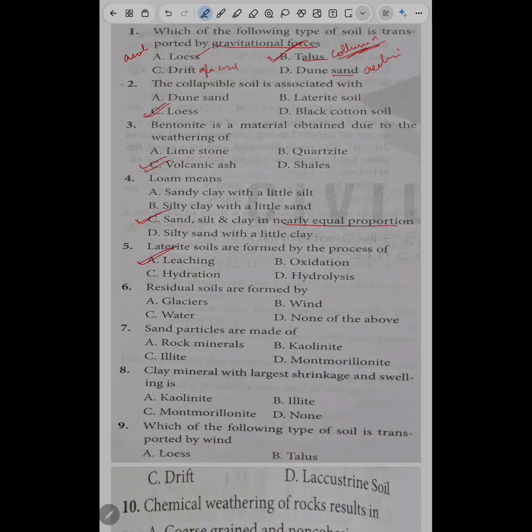Next is residual soils are formed by, we already discussed residual soils. Residual soils are the soils located at the place of origin. Glaciers, water, and wind are the agents that help soil to be transported.